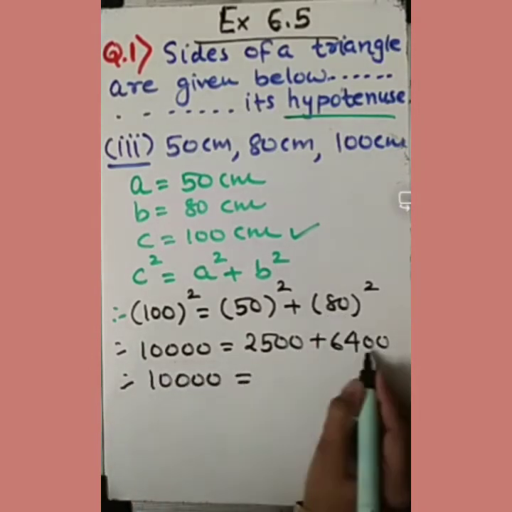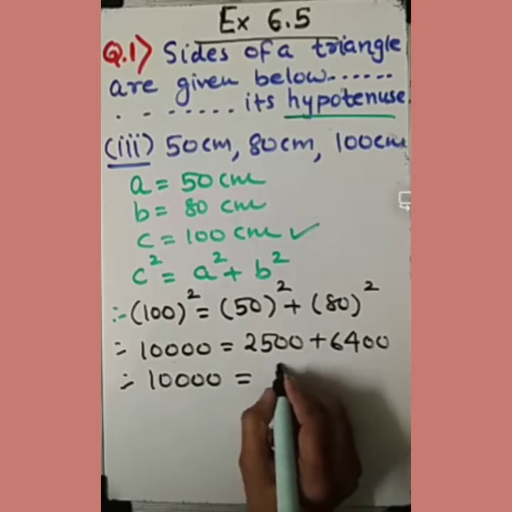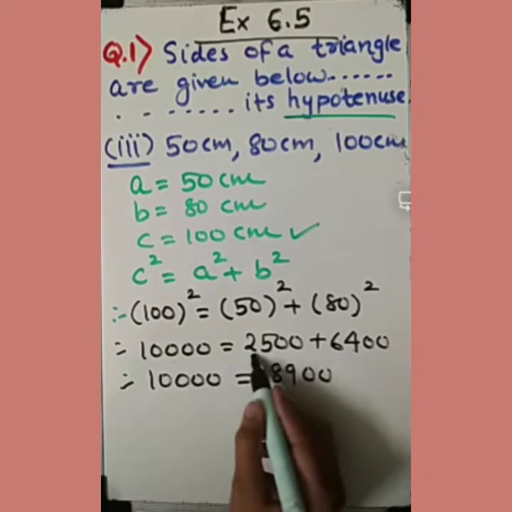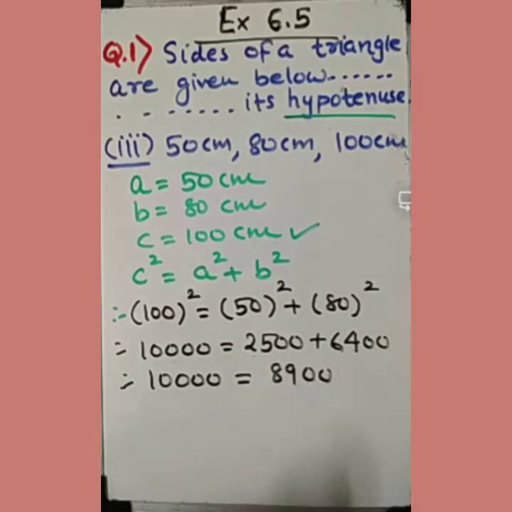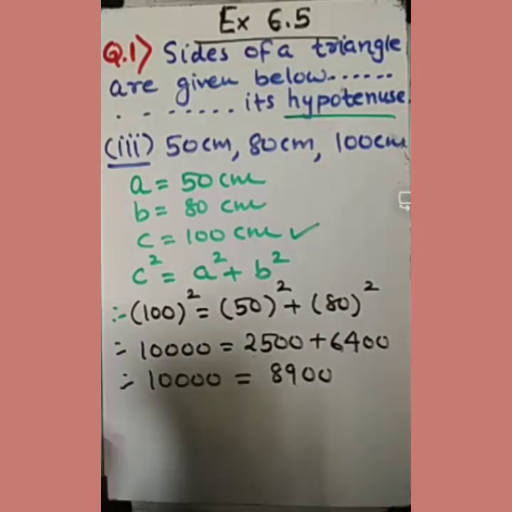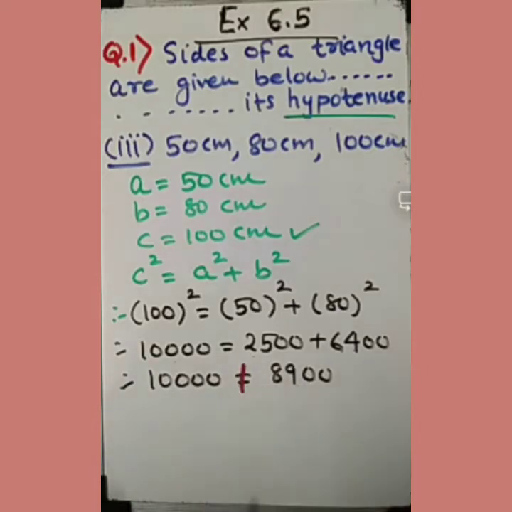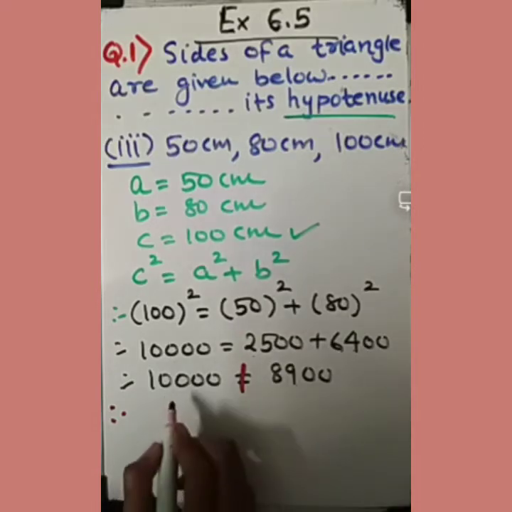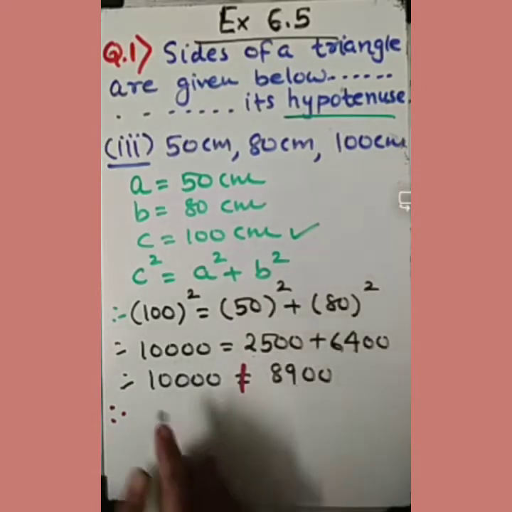It is coming 8900. Are they similar? No. Again, in this third part, they are not similar. So finally, we come to the conclusion that the triangle with the given sides is not a right angle triangle.